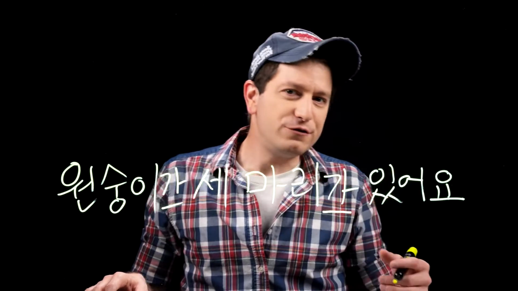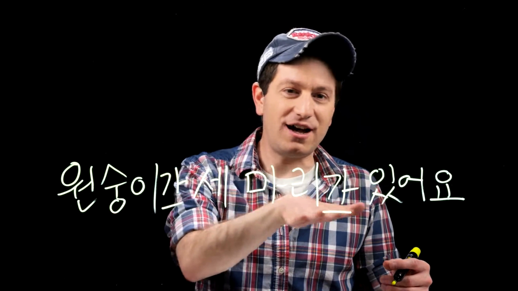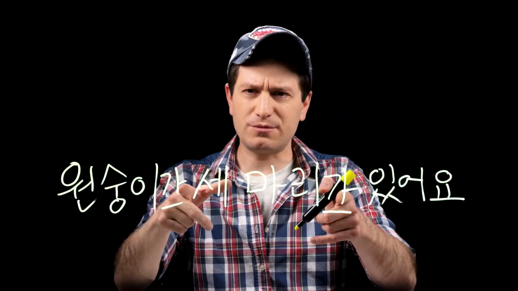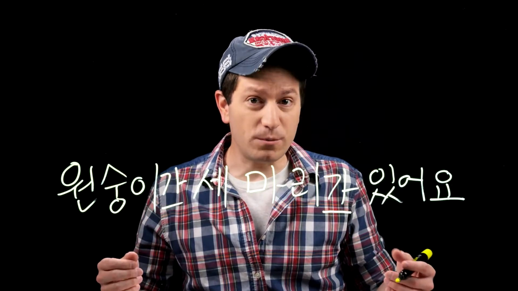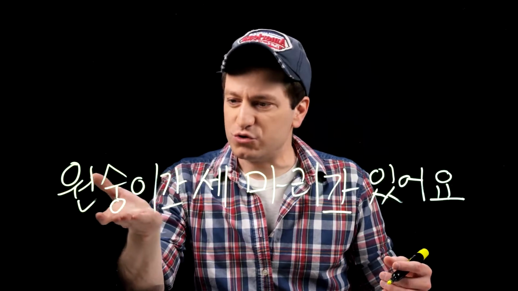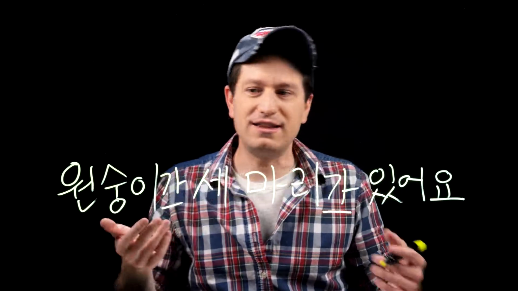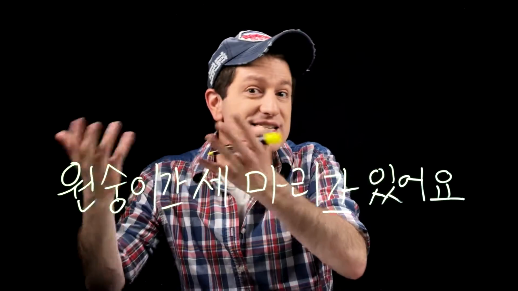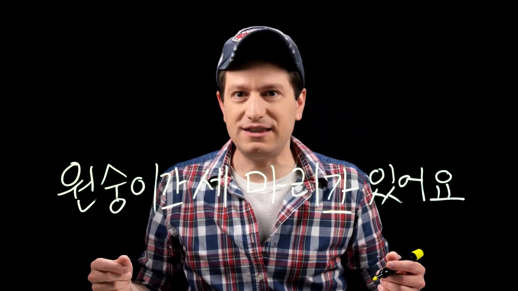But what I often find is sentences that look like this. 원숭이가 세 마리가 있어요. So 2 subject markers when you only need to use 1. In fact, if you want to use more markers, feel free, just switch it up a bit. So you could say 원숭이도, so also monkeys, 세 마리가 있어요. That's fine. There are also 3 monkeys as well as other animals. But just be careful about not overusing the subject marker.